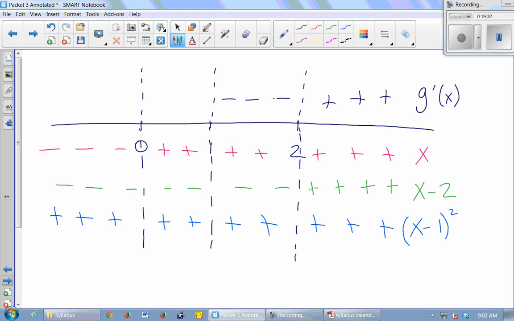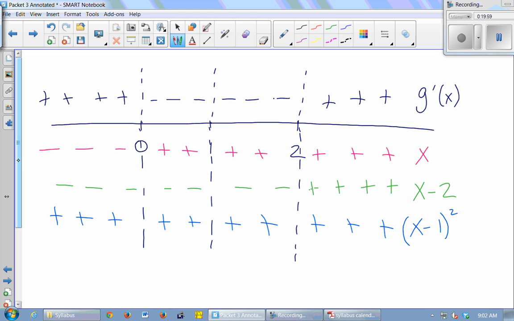Between 0 and 1, we have a positive divided by a positive times a negative divided by a positive. Again, we get negative. And then to the left of 0, we have a negative times a negative divided by a positive. That would come out positive. Okay, so we now know the sign of G prime.